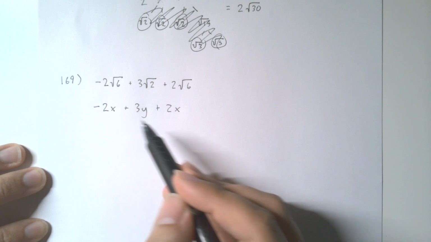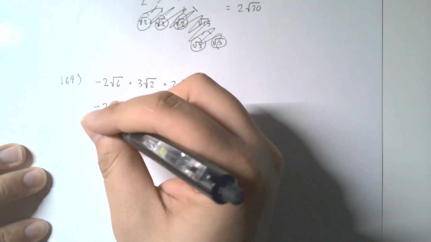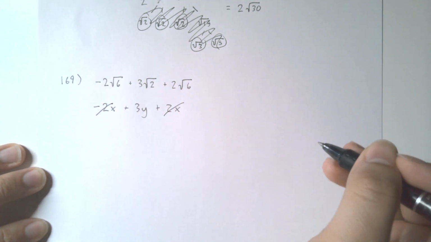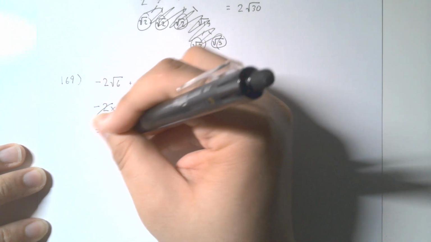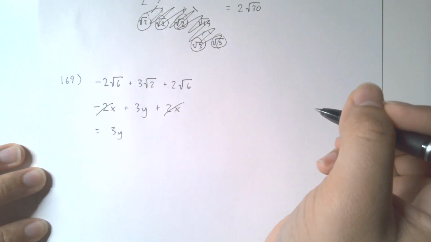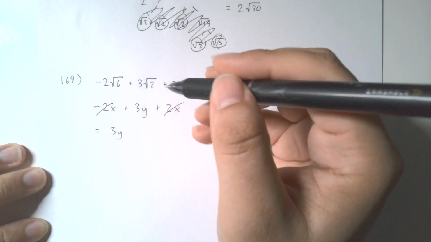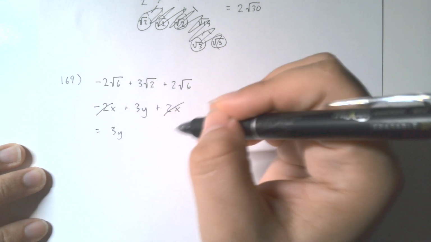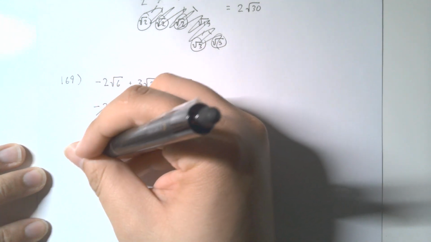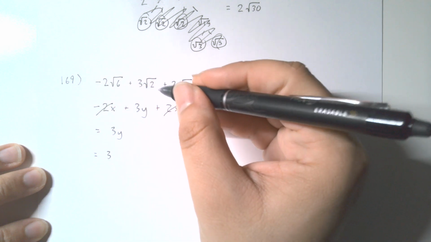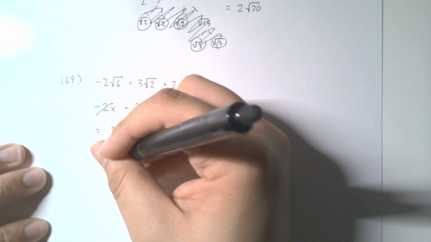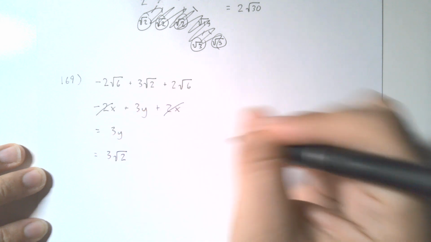We have negative 2x plus 2x, which cancels, and all we're left with is 3y. But this was just the example using variables, so we don't actually want to have our final answer like this. We actually want to say that this is equal to 3, like we said, we had square root of 2 was equal to y, 3 square root of 2.